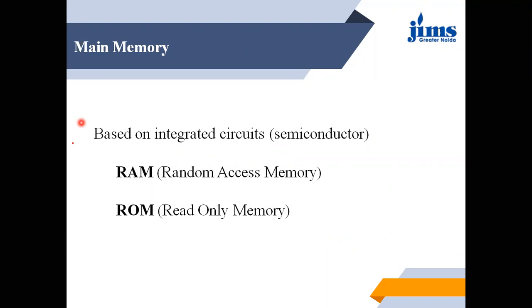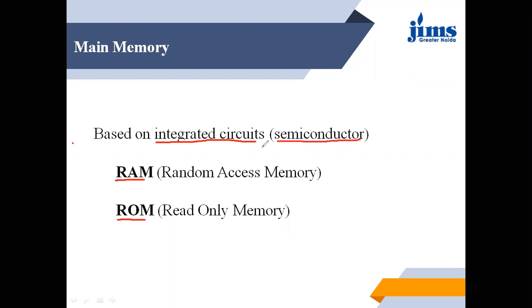Main memory is divided into two different parts. First one is RAM, that is random access memory, and second is ROM, read only memory. This is the classification based on the integrated circuit, that is, which type of semiconductors or capacitors we implement in these.